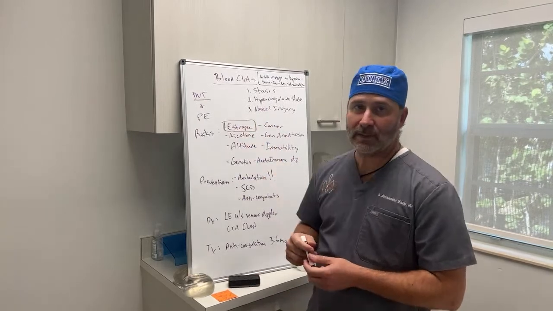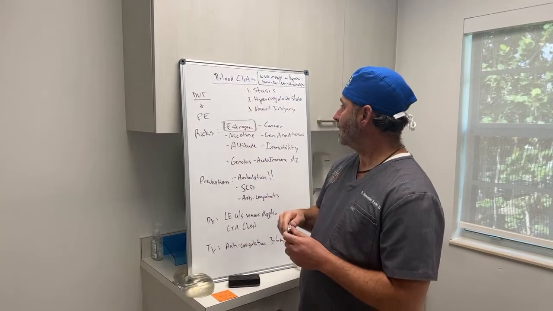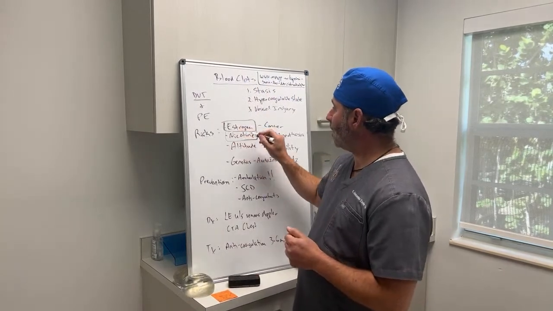The next one, which is also controlled by the patient, is nicotine. Nicotine will also increase your risk for clots, and that's why we tell all our patients they have to stop smoking and stop anything with nicotine: smoking, vaping, nicotine gum, etc. You also have to stop that 30 days before surgery to 30 days after surgery.